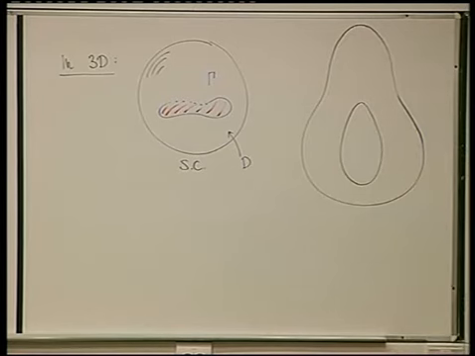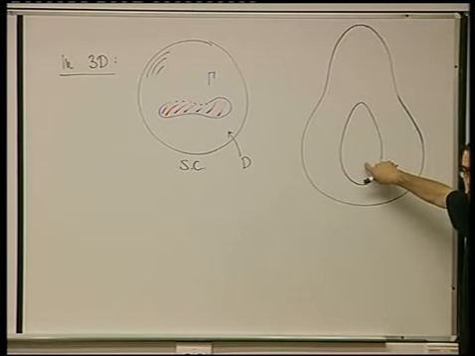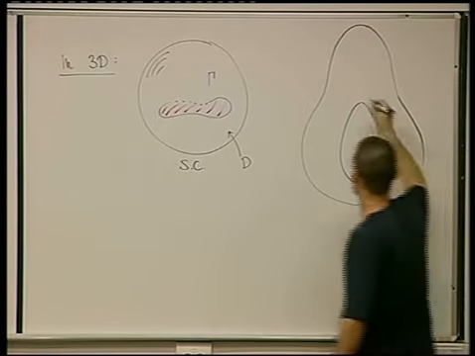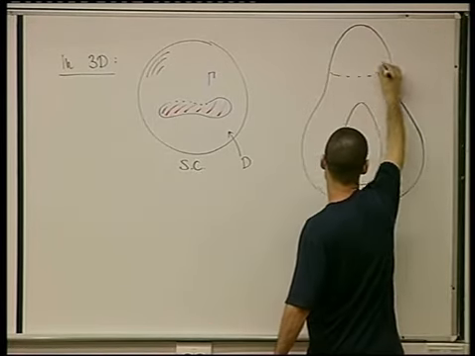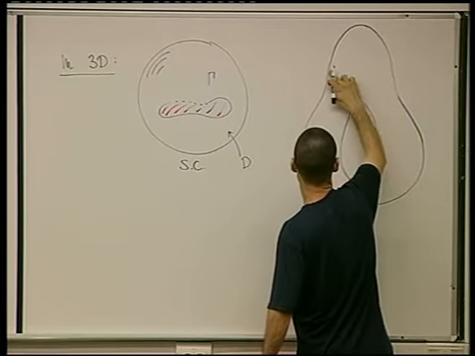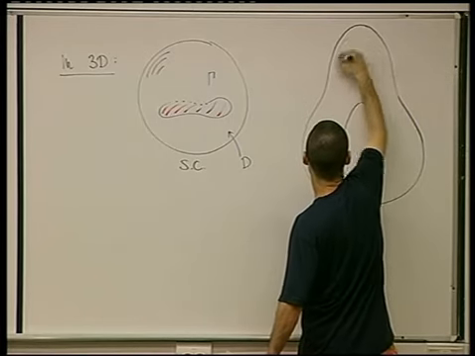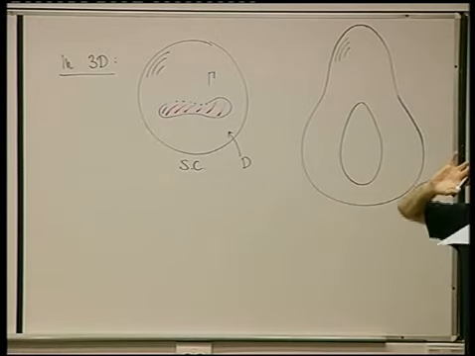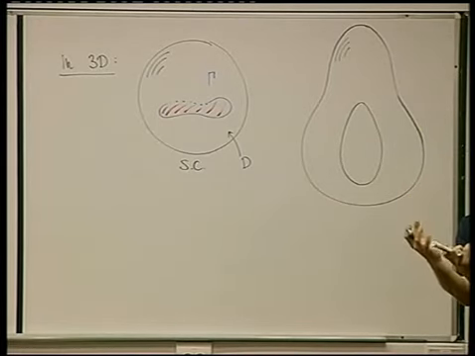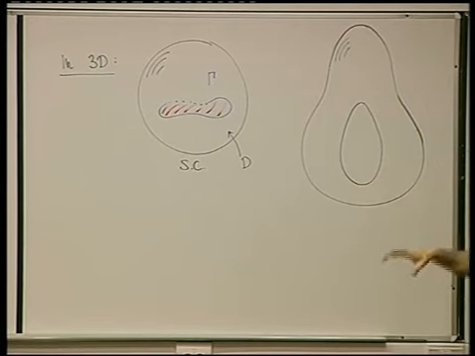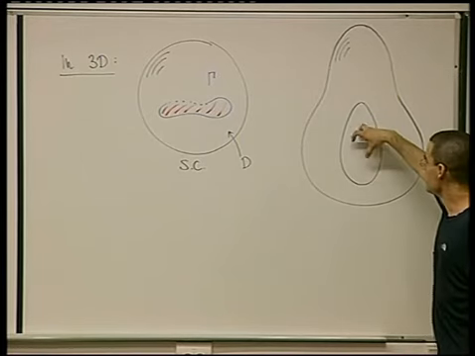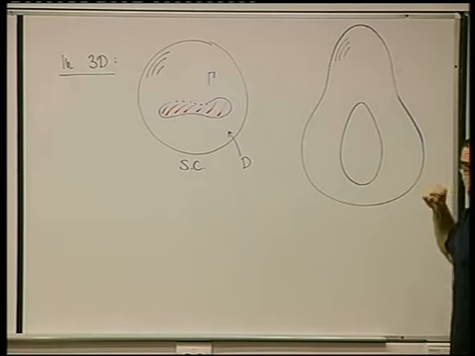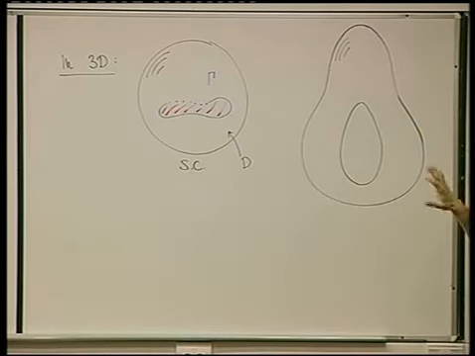And our domain does not include this hole. And everything is 3-dimensional. So we're looking at a three-dimensional avocado in which, in some magical way, the inside, the pit, was removed. This is our domain.